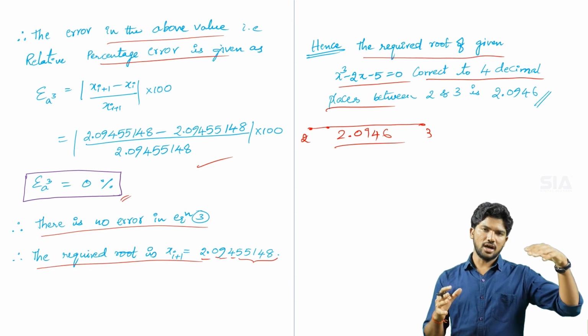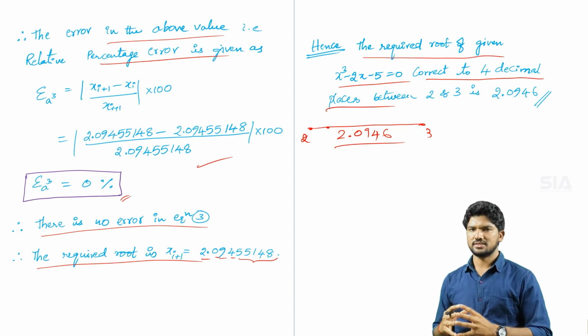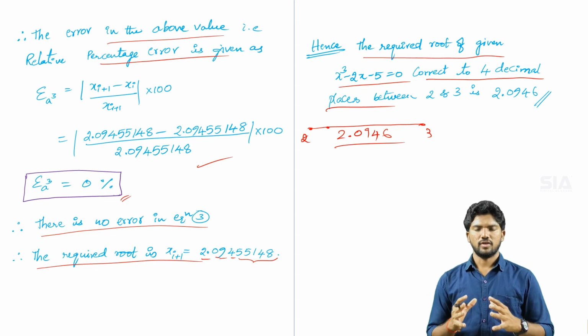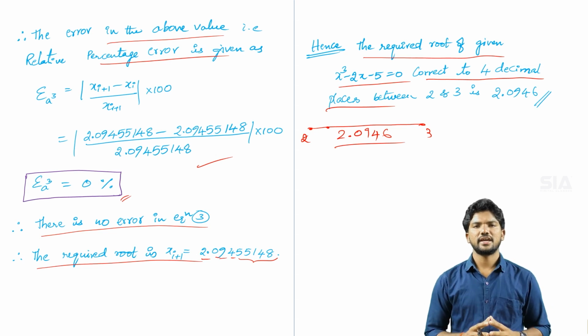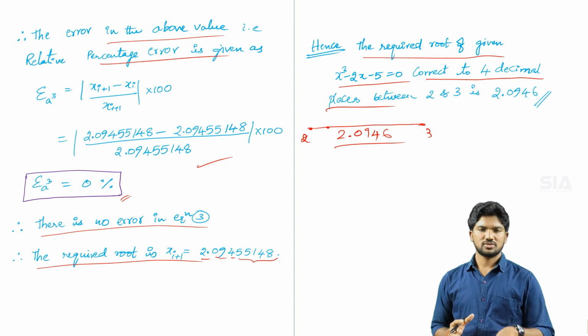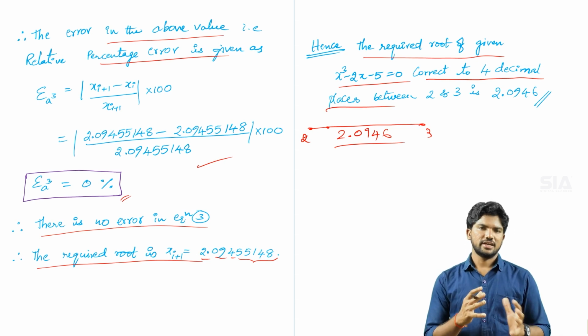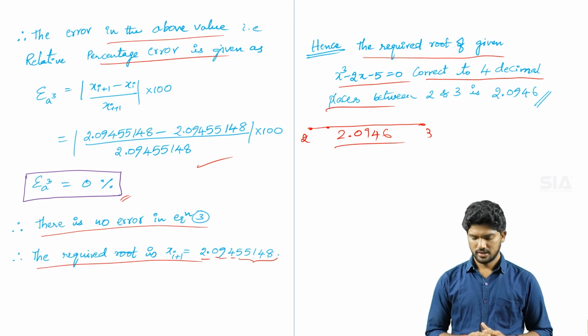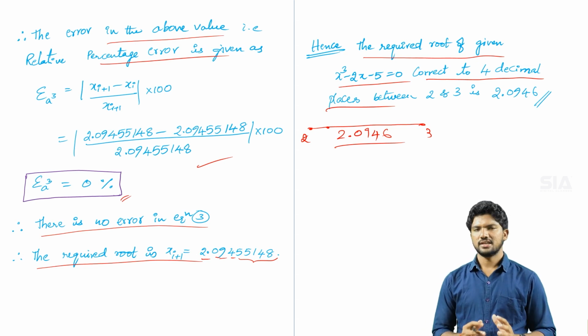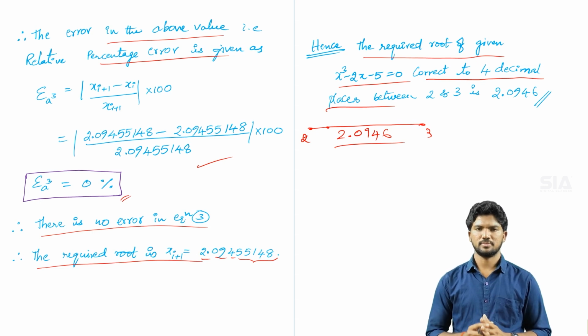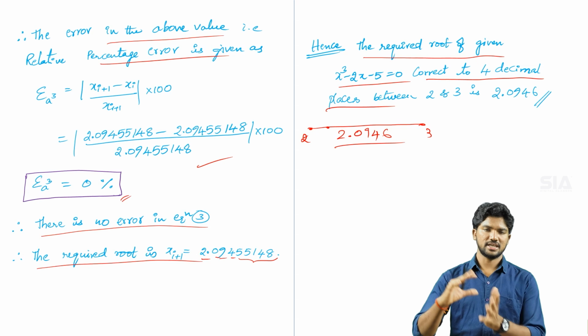If you do all the other long answers, then come to this question at the end of the examination. Why? Because if you start at the beginning of the examination, this question consumes a lot of time and you will get a little bit of tension while solving the answer. So start this type of problems as late as possible when you get the question paper.